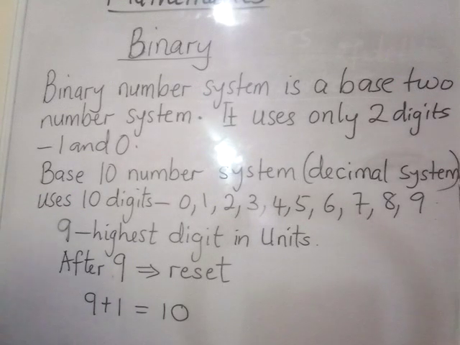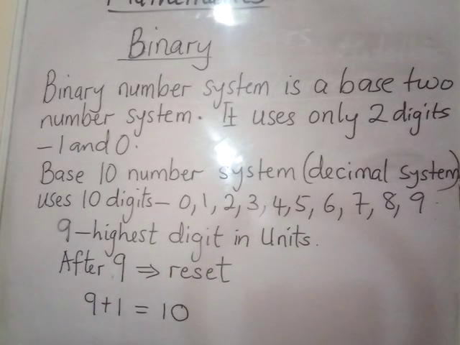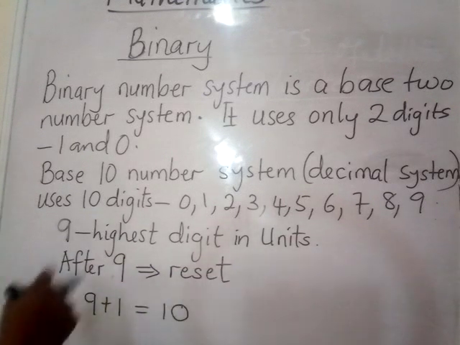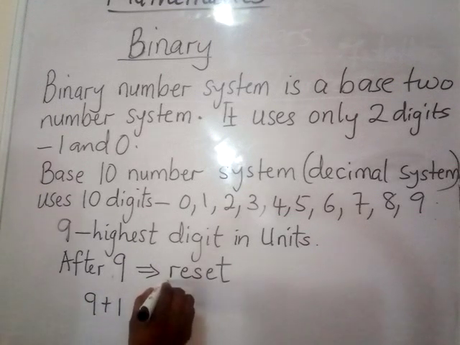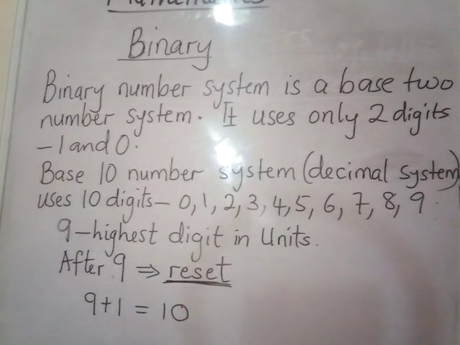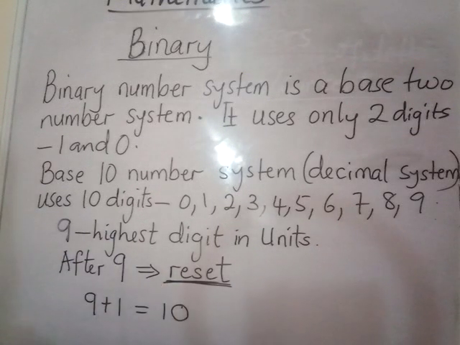In our normal base 10 system, when you get to 9, which is the highest unit number, there's no other number or symbol to continue to represent numbers after that. You have to reset. What do I mean by reset? We have reached a level where we have run out of symbols. Now we want to go back to using the symbols that have been used before, but we're going to use them differently because they're going to carry different values.